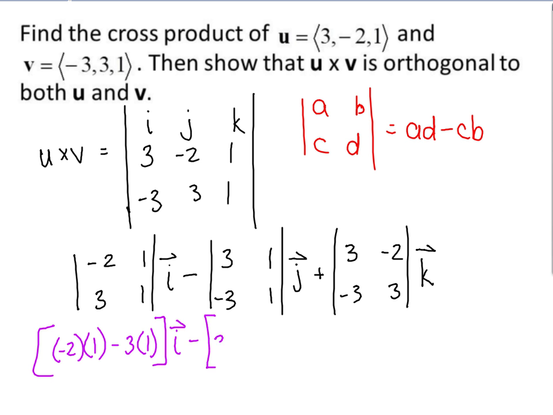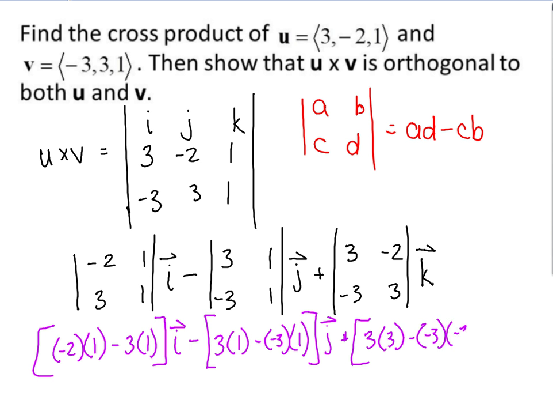On the next one, we'll have 3 times 1 minus negative 3 times 1, and then it'll all be times vector j, plus 3 times 3 minus negative 3 times negative 2, all times vector k.